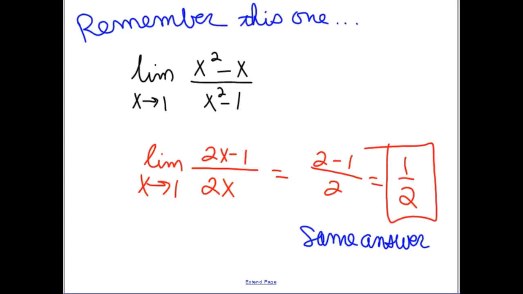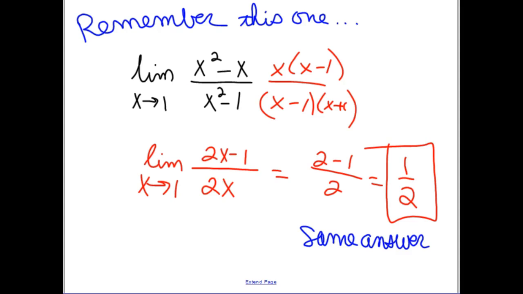All right, so way back at the beginning, we had this one where, when you plugged in 1, you got 0 over 0, but the easier way to do that was by factoring. We factored out the x, and we had the x minus 1, and x minus 1, and x plus 1. But just for giggles and kicks, I'm going to do it with L'Hopital's rule.